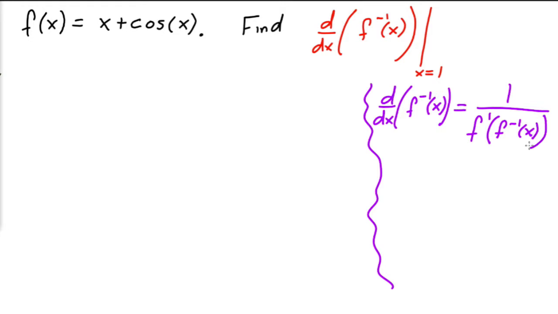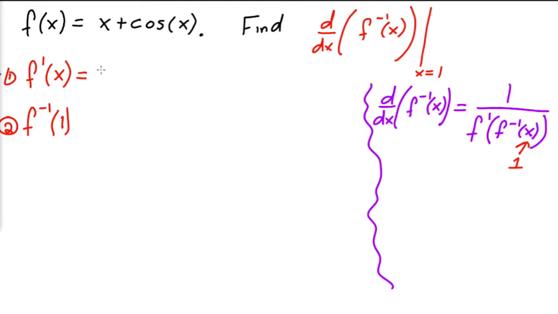Okay, so remember, we need to find two things. We need to find f prime of x, and since we're going to evaluate it at 1, we need to find f inverse at 1. So those are the two things that we need to find before we can use the formula.